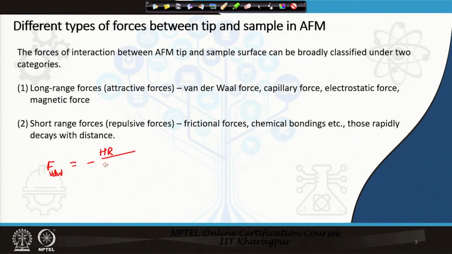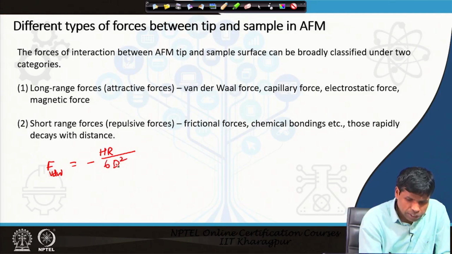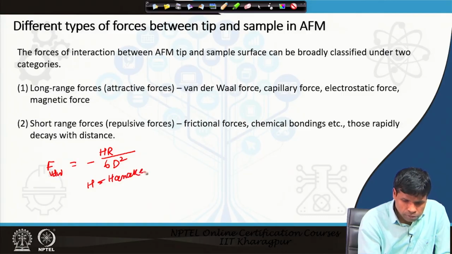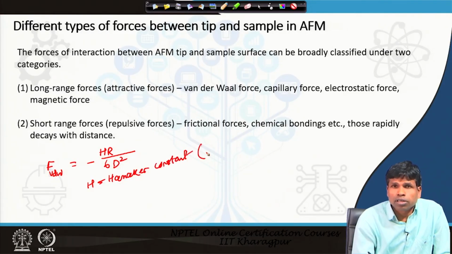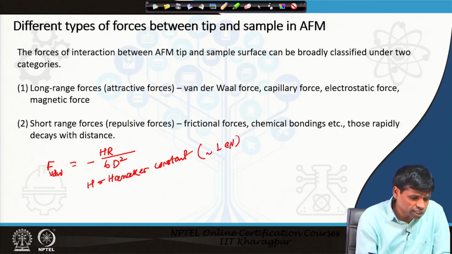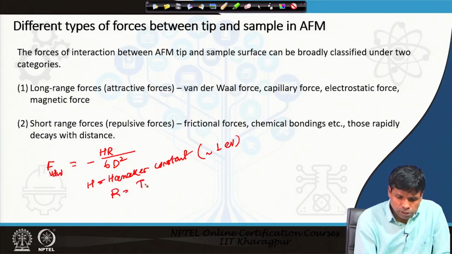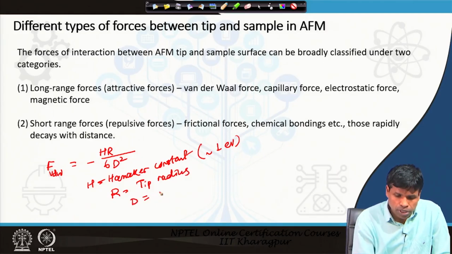H is the Hamaker constant, which is in the range of around 1 electron volt, a few electron volts depending upon the sample, solids, etc. R is our tip radius, and D is our distance between tip and sample.